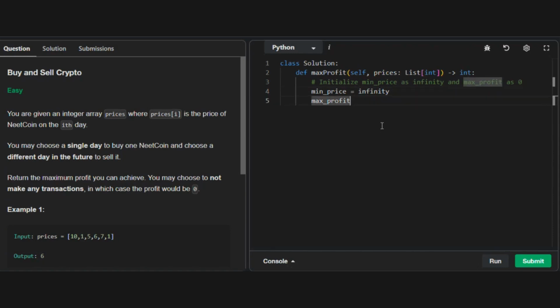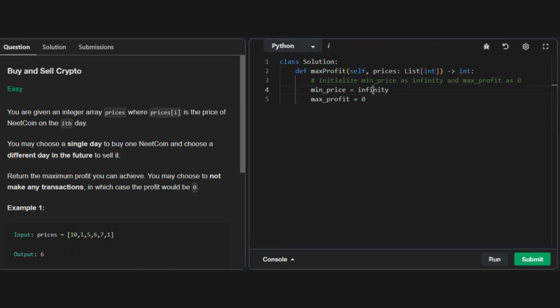Here, I have created these two variables. I think I've written infinity incorrectly. Infinity in JavaScript is Infinity. In Python, it's a floating point number. We just write inf basically. So that's infinity in Python, and I just wrote infinity in terms of JavaScript.